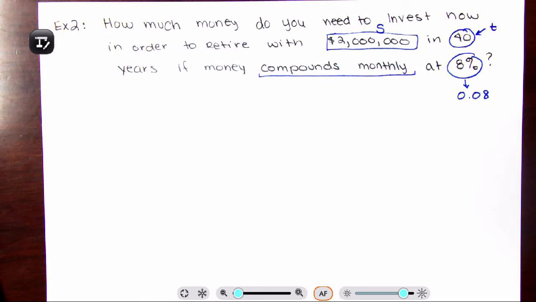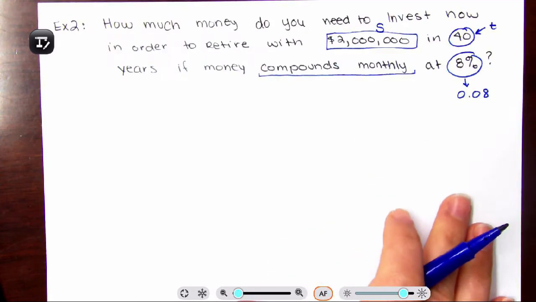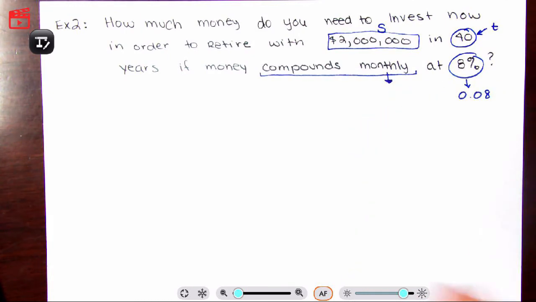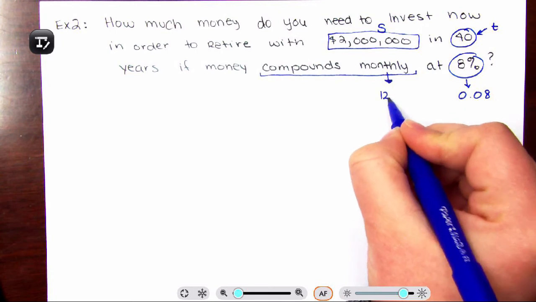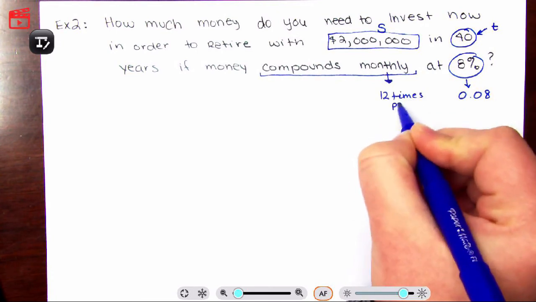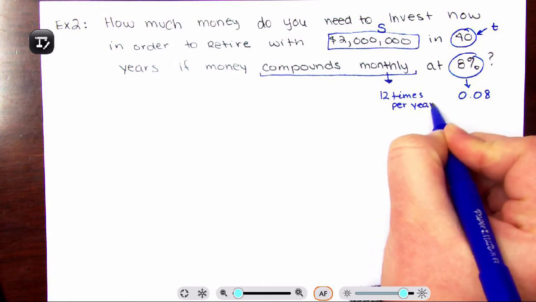If it gets compounded multiple times each year, you're talking about a compounded interest. And if it gets compounded continuously, that keyword, then you want the E formula for the continuously compounded interest. In this case, it gets compounded monthly. That means how many times each year? Well, 12 times per year. Just want to spell that out for you guys.